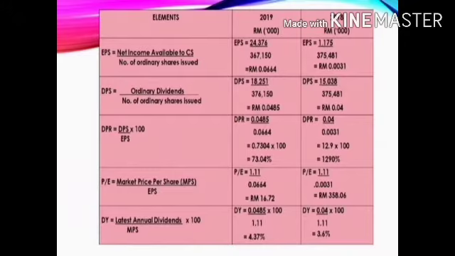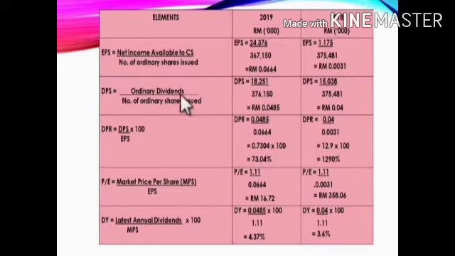So these are the calculations for the elements used in the market ratio. The first one, earnings per share, can be calculated by dividing net income available by the number of ordinary shares issued. In 2019, the company's earnings per share is RM 0.0664, while in 2018, it is RM 0.0031.